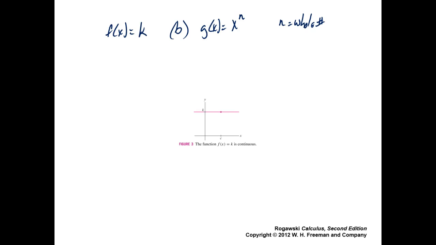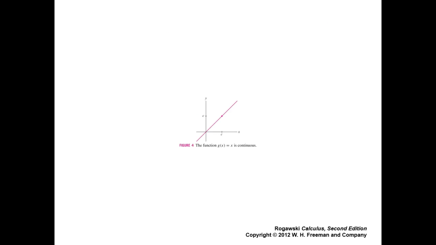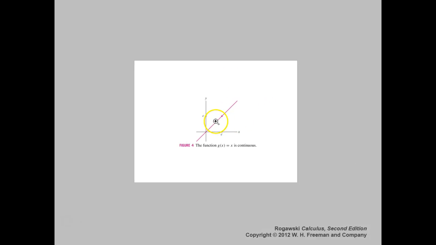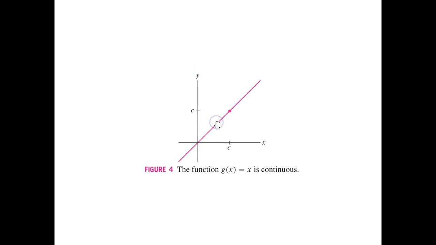Okay? They don't show all those, but they do show that when n is equal to 1, we call that the identity function, and that's also certainly a continuous function. G of x is equal to c, or y is equal to c. I think I've mentioned this before.